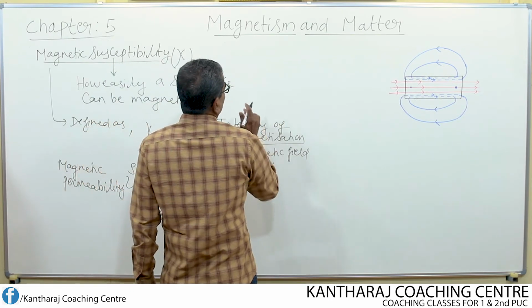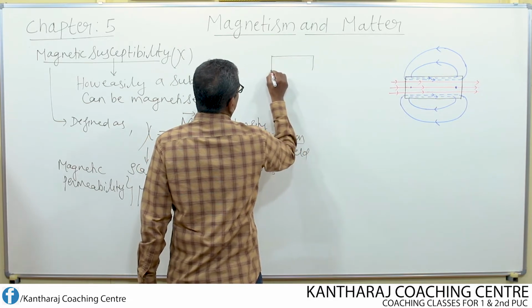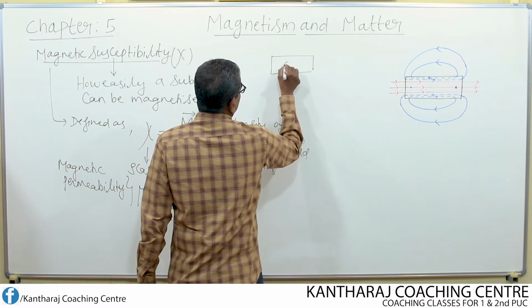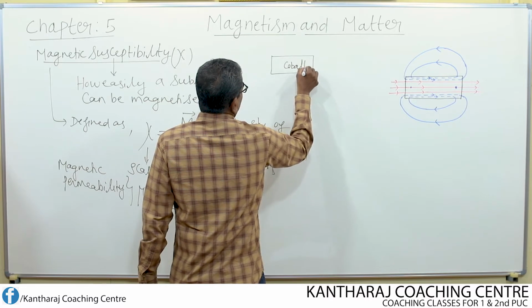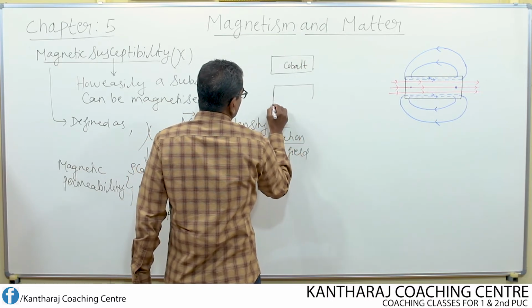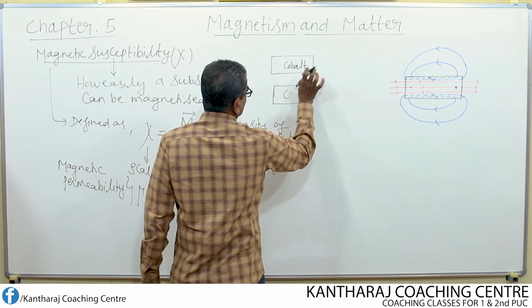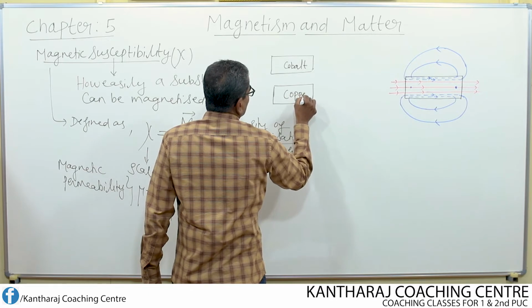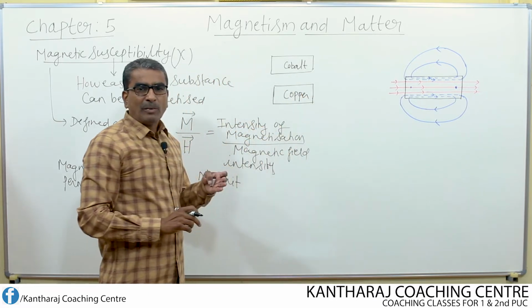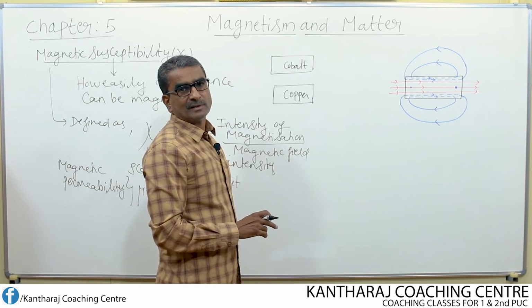Suppose I consider once again a material like cobalt, and I consider copper. It is found that cobalt can be magnetized very easily compared to copper.